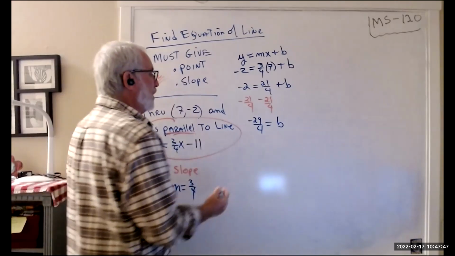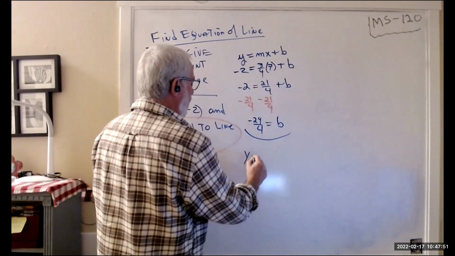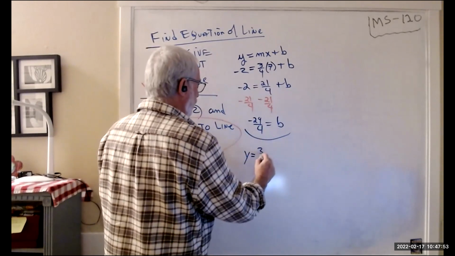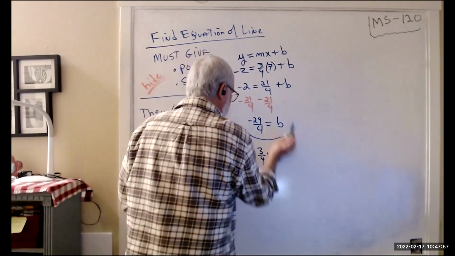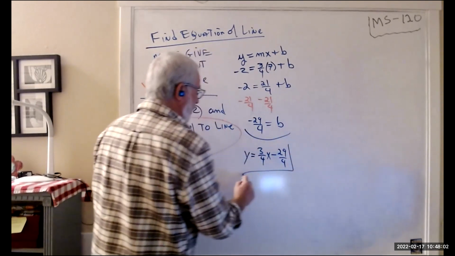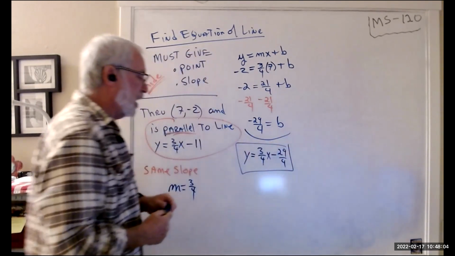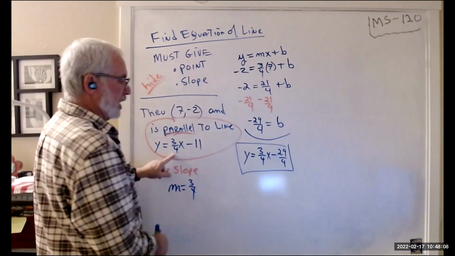All right. So because of that, we put all this back in the formula. y equals 3/4 x, whoops, this would be minus 29 over 4. And that is the equation of the line that's parallel to this line.